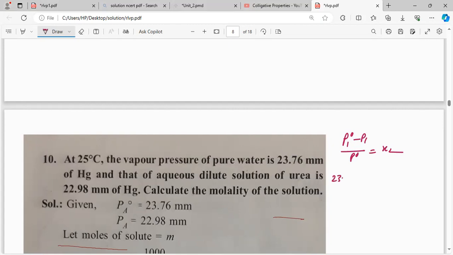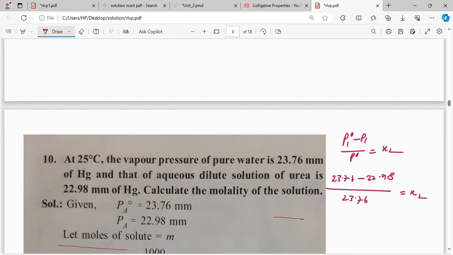How? 23.76 minus 22.98 divided by 23.76 is equal to X2. So if you are solving this one, let me do this one. You can also do this one, no problem.